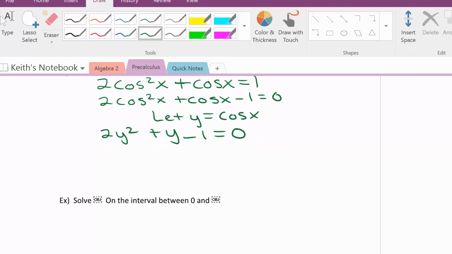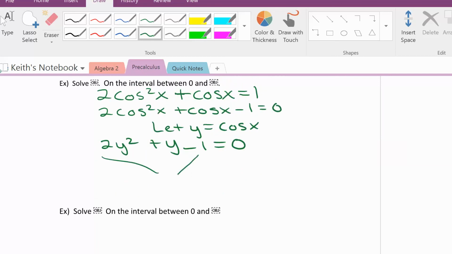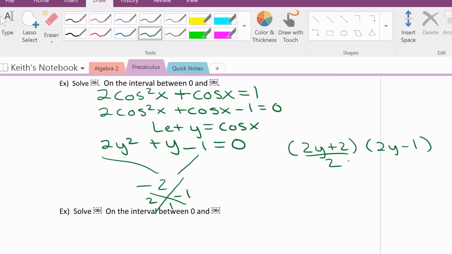So then you're going to have to factor. Well, what are the factors of negative 2 that add to 1? They are positive 2 and negative 1. So remember, it's going to be 2y plus 2, 2y minus 1. Well, if you divide this by 2, you get y plus 1.